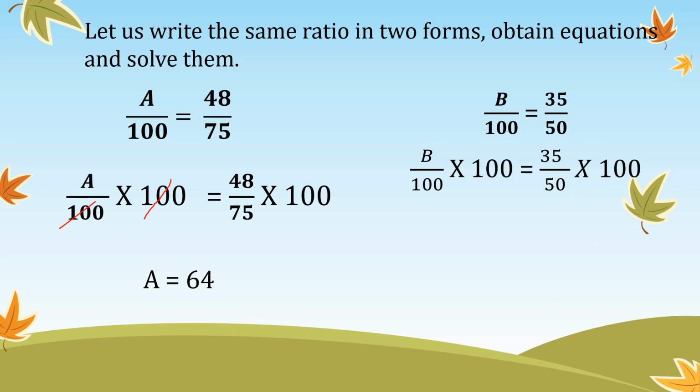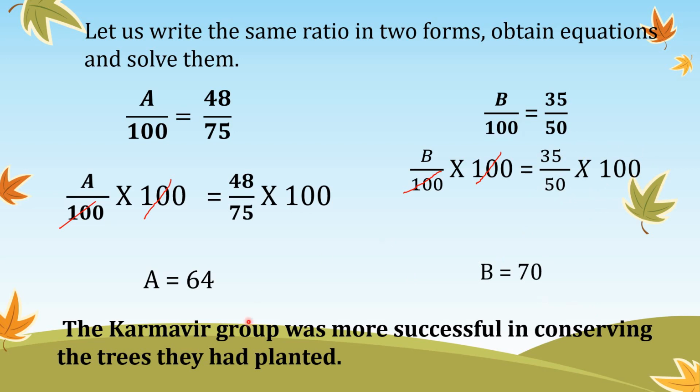Here this 100 and this 100 will get cancelled. So when you solve this, you will get B is equal to 70. So the Karmavir group was more successful in conserving the trees they had planted.